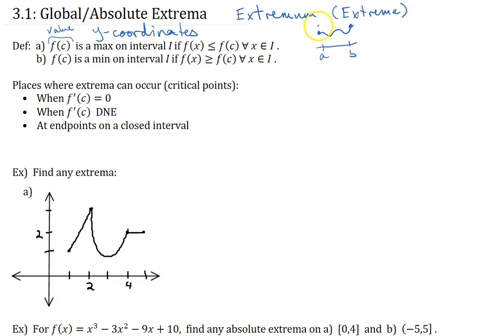So in this example, since my highest point is happening over here at the endpoint, then the value right here, f of b, whatever that is, would be the absolute max, okay?